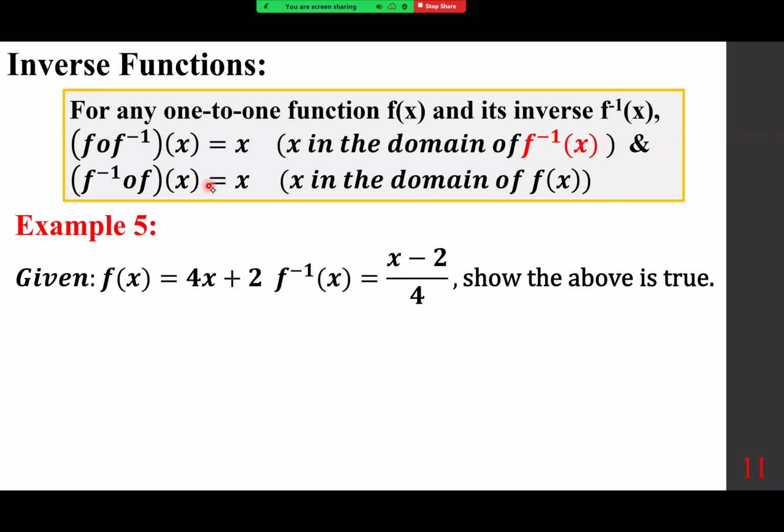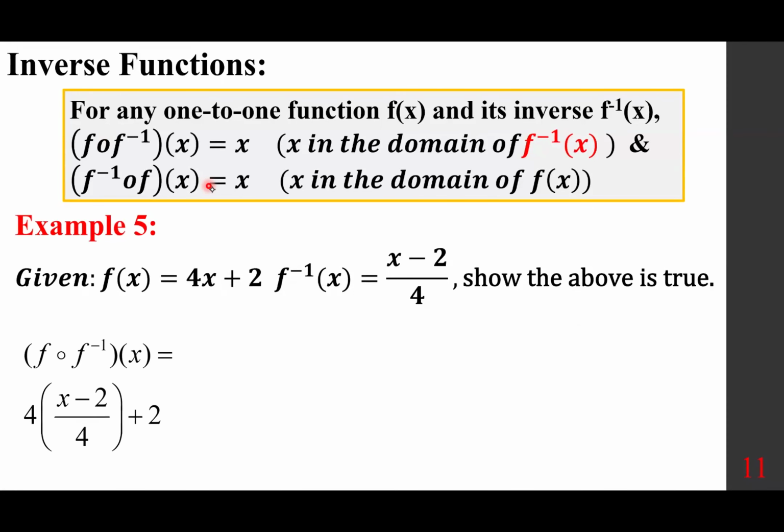So starting with f of f inverse of x, we are going to go with 4 times, instead of x, x minus 2 over 4, and then plus 2.